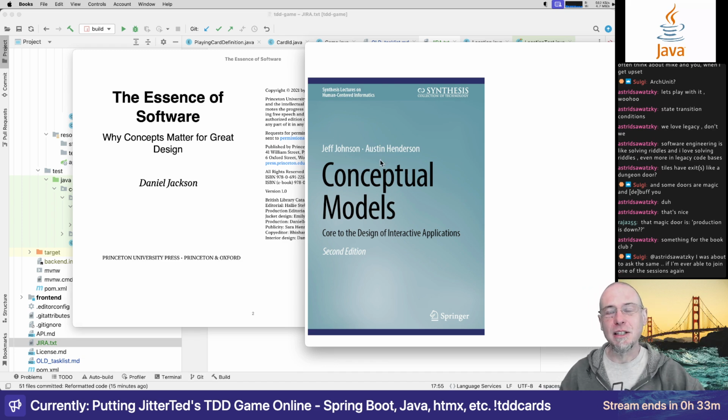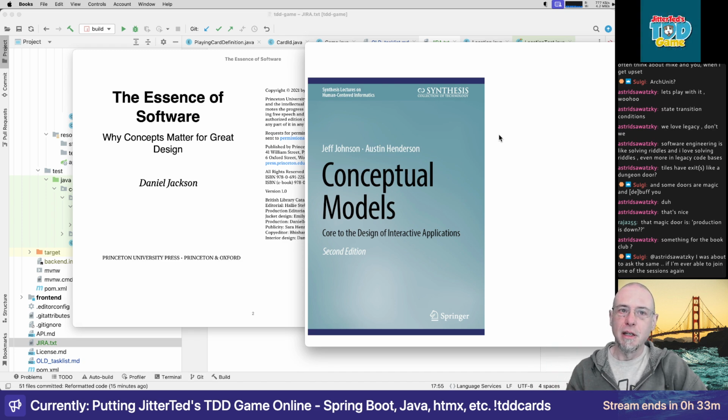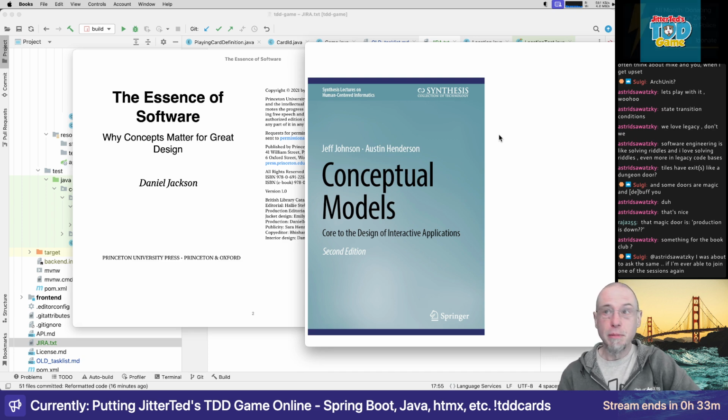But anyway, it's this idea about not just features, but the concepts beneath them. The Essence of Software talks about how you might rate a book, 1 to 5 stars. But that concept of rating can apply to a bunch of things.